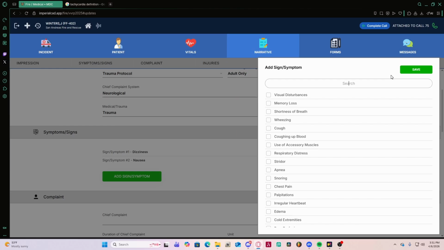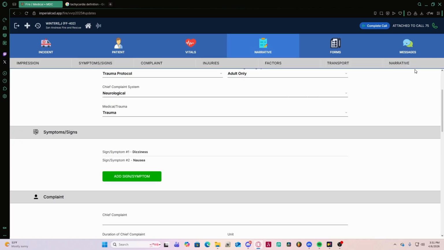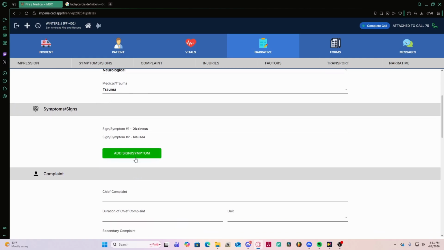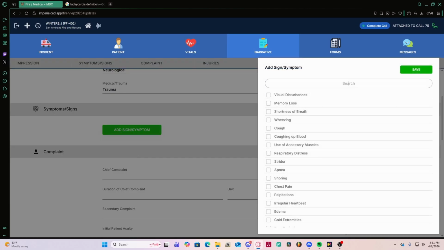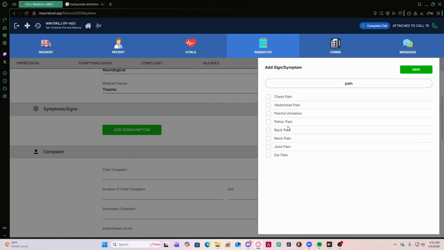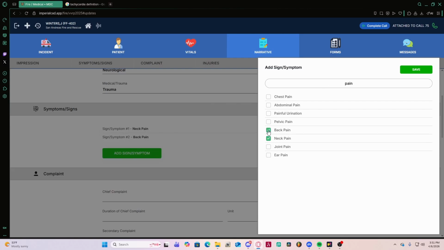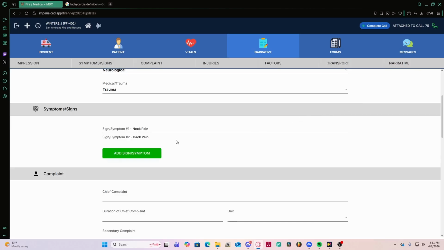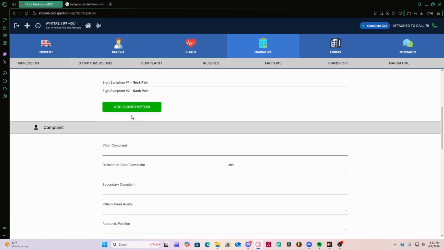Sorry, you can also do pain. Add sign and symptom. I think there's a pain one. There's a general pain? Pain, neck, back. Yeah, you can put neck pain. That's good to know. So then you can save that.